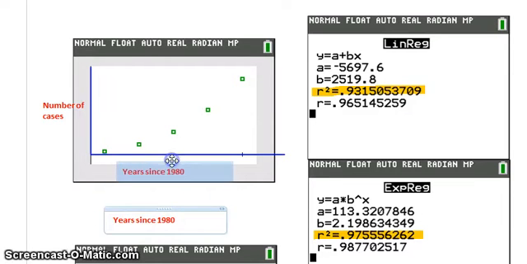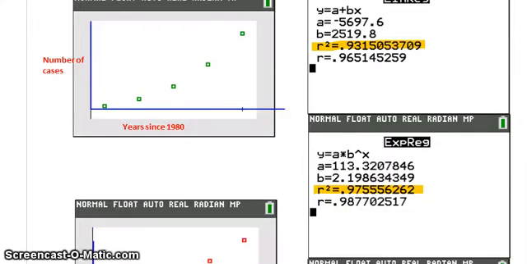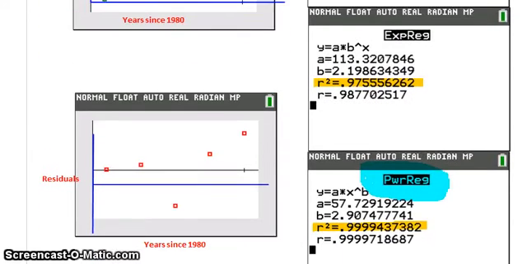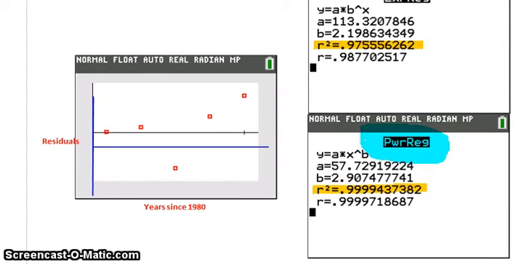So let's move that back up where it belongs. All right, and then we need to take our original data and check. We have our R-squared for linear regression, R-squared for exponential, and R-squared for a power regression, and power wins, so I make a residual plot based off my power regression, okay?